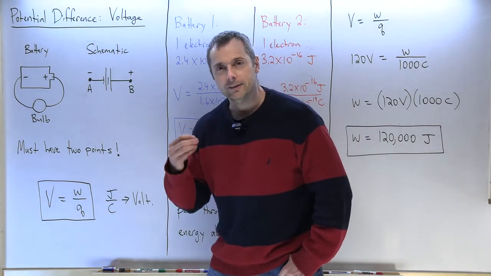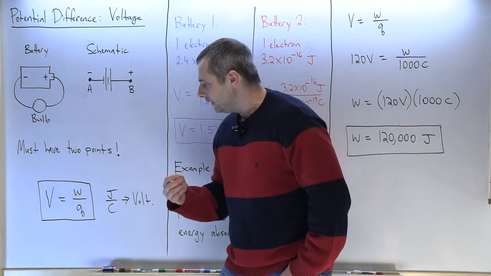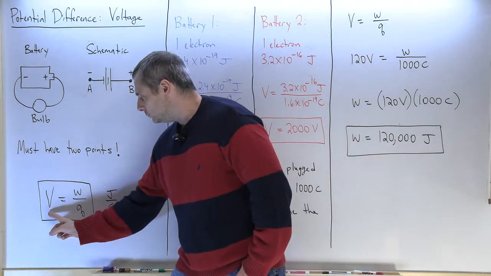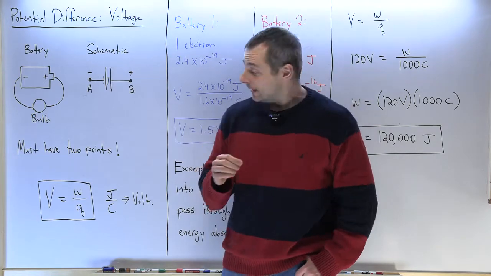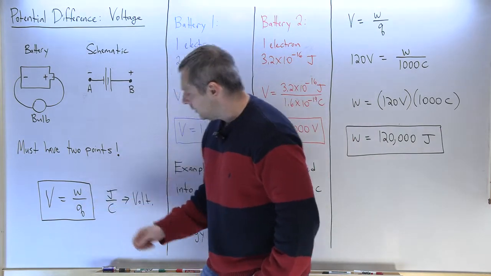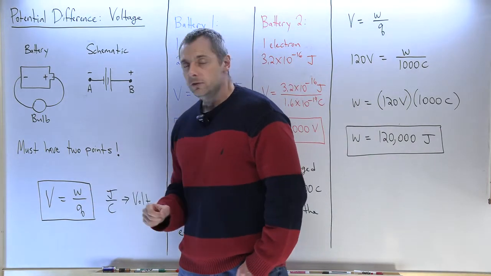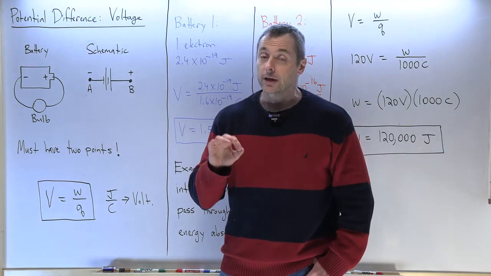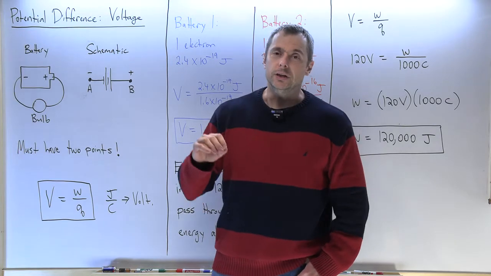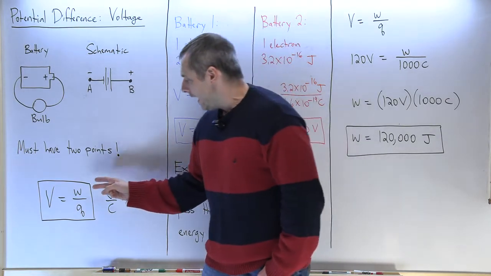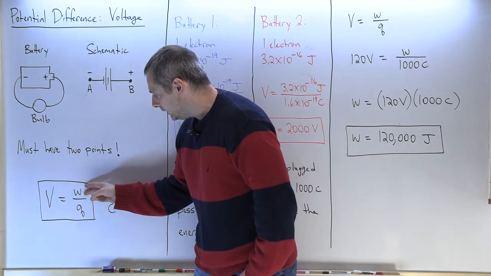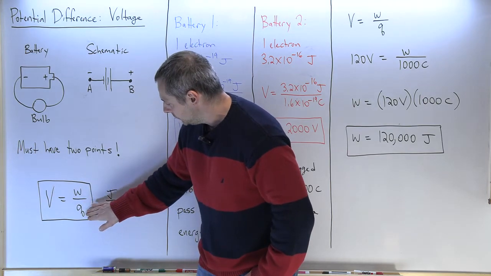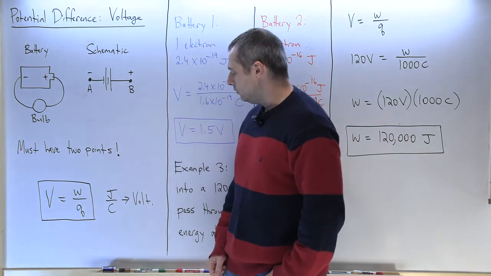Now here is the mathematical definition. Voltage, which we give the symbol V, is W over Q. The W is the symbol that we used before for work, but it can be any energy: heat, kinetic energy, potential energy. Any joule value can go in here, and you divide by the charge, and you get a ratio of joules per coulomb.